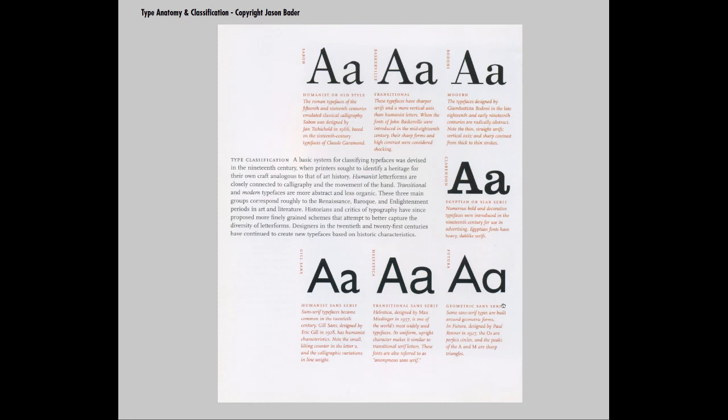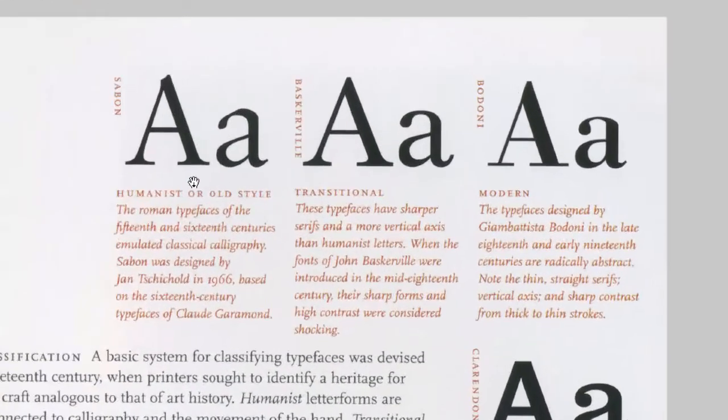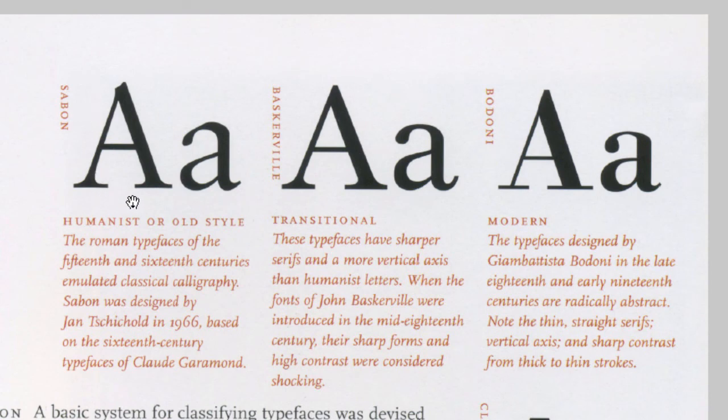So when we look at the type classifications, there's one more piece of type anatomy that I want to talk about that you didn't see in the earlier one, and it's called stress. And this is how we're going to tell the difference between these fonts here. So in this case, we have Sabon. This is an old style font.